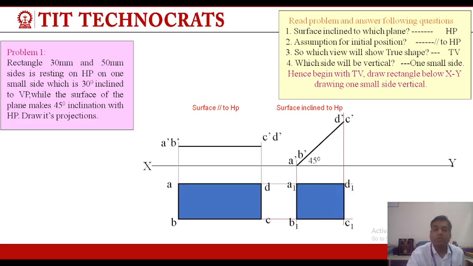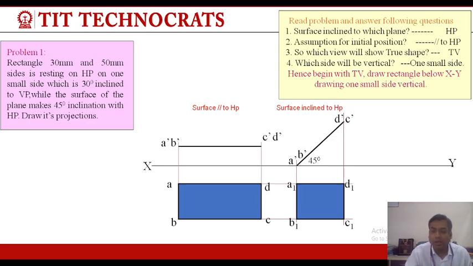By joining these, we will get the reduced top view of the plane because this plane is now inclined to HP. Now, in step 5, as given in the problem, the shorter side is inclined at 30 degrees. So step 5 is the copy of step 4 at a given angle.